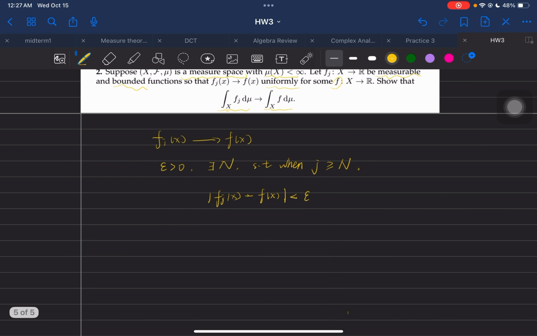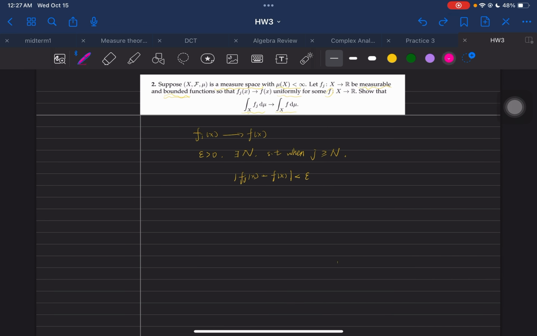Also notice that we have the boundedness assumption in this problem. The thing is we can find some upper bound for such value.